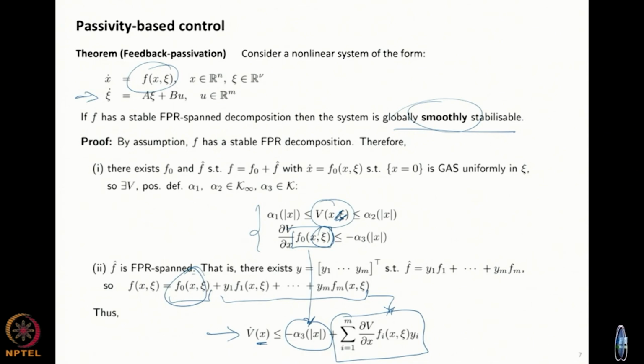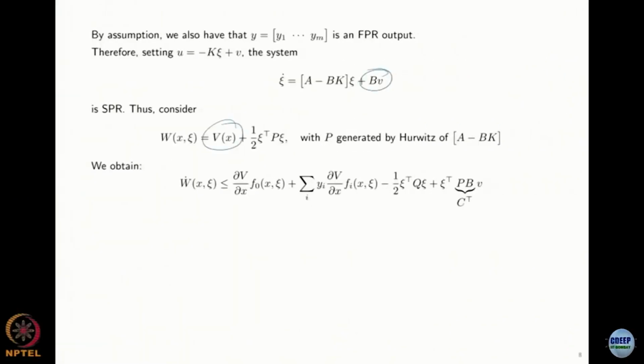Now you take the same Lyapunov function, you take the derivative, and you have a bunch of nonlinearities that appear. What you want to do next is add a quadratic Lyapunov function in terms of the state psi, which is the system below. When you take the derivative of that, what will you obtain?